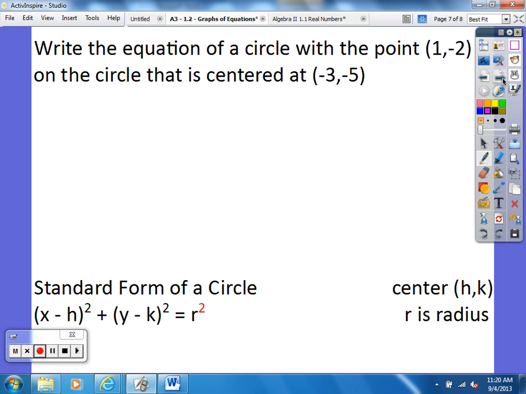From the center to any point on the outside of the circle, and it's a distance. So what lovely formula are you going to have to do with those 2 points? Go ahead and do your distance for me.